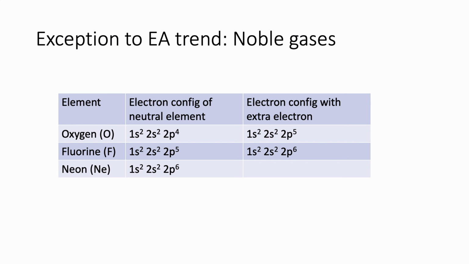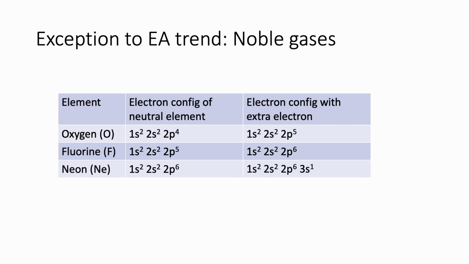Oxygen will become 1s2, 2s2, 2p5. Fluorine will become 1s2, 2s2, 2p6. If we add an extra electron to neon, we can't put it in the 2p like we did with oxygen and fluorine. So where is it going to have to go? It's going to have to go in the 3s shell.